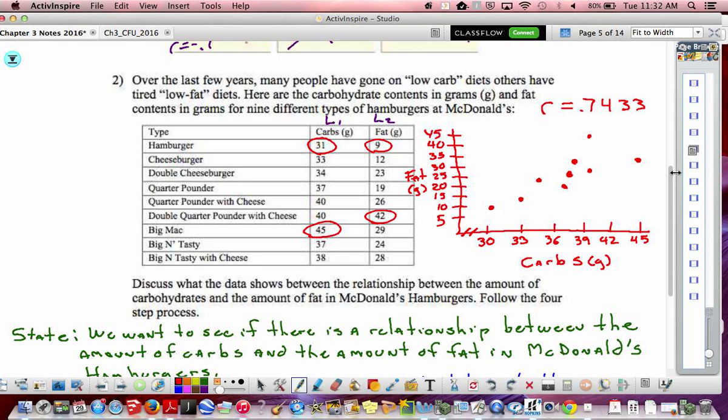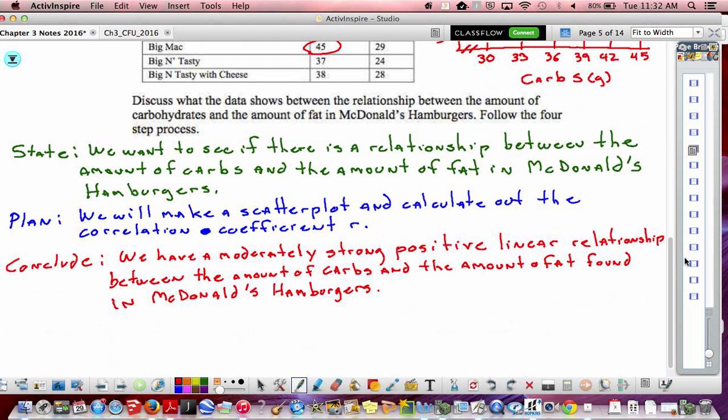It almost looks exponential, or it might look like some sort of inverse model. Those are models we won't go into detail in this class, but we do in the other. All right, any questions with this page?